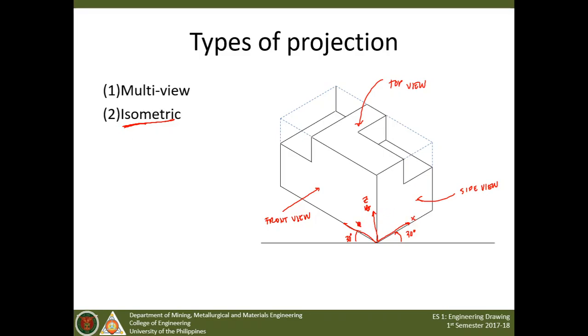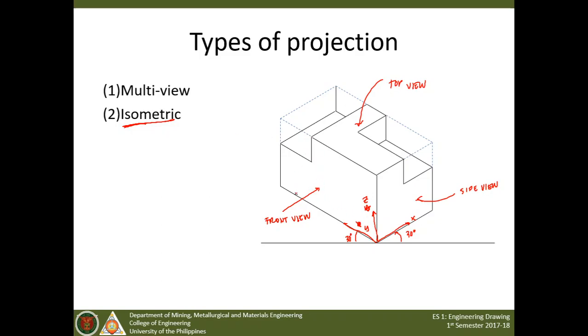No, this is x, this is y, and this is z. In all of the axes, 1 unit in the x-axis is exactly equal to 1 unit in the z, and also equal to 1 unit in the y-axis. That's why it's called isometric view.